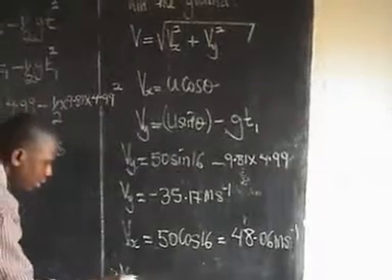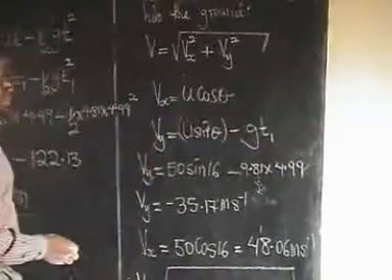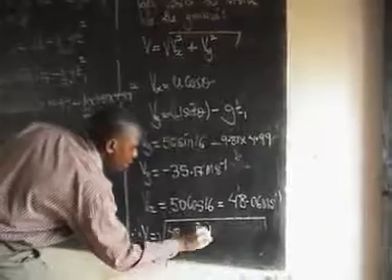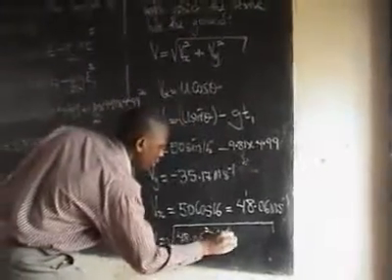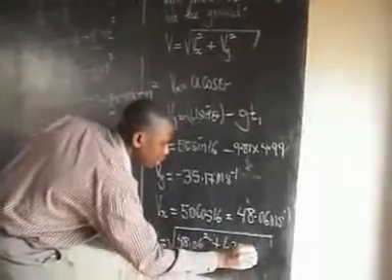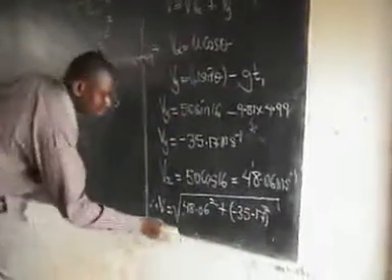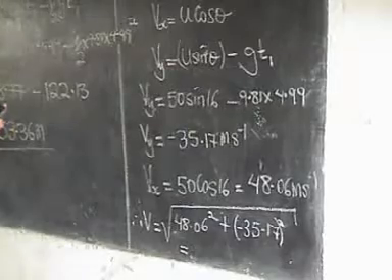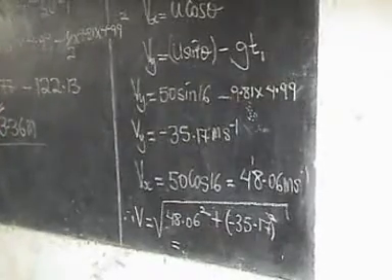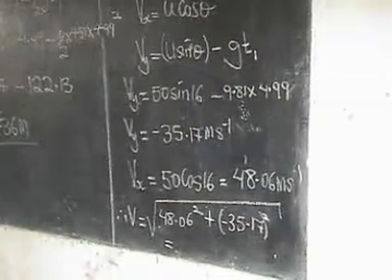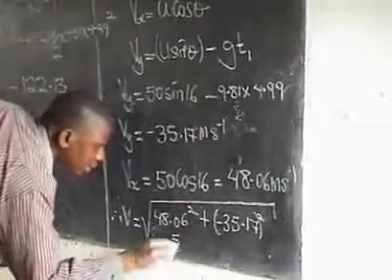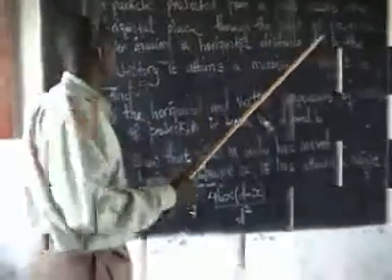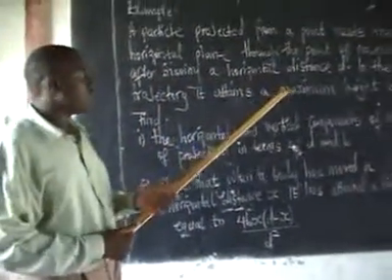Therefore, our v is the square root of 48.06 squared plus, you can even drop the negative, 35.17 squared. So it will hit with that speed, 59.55.